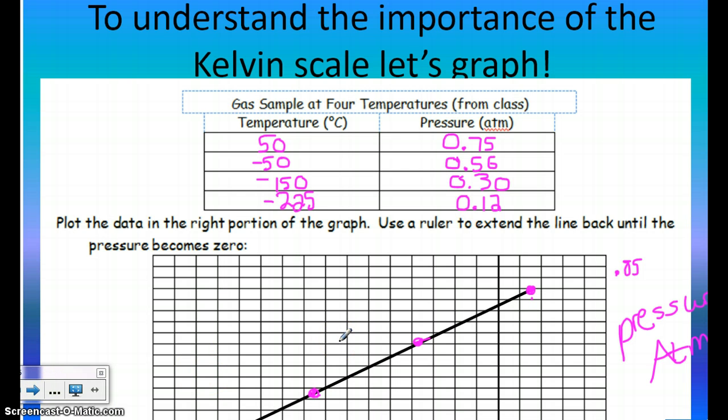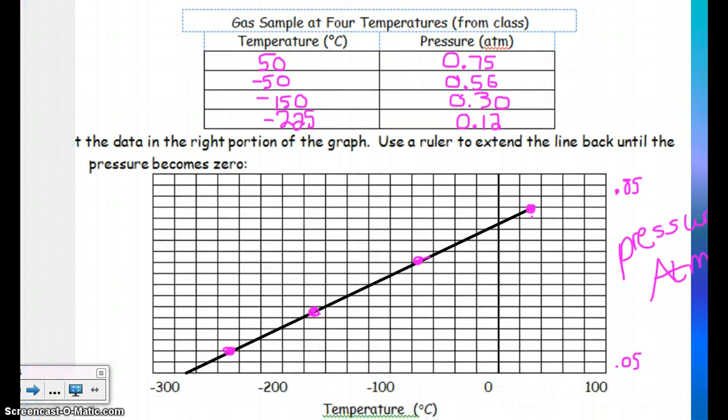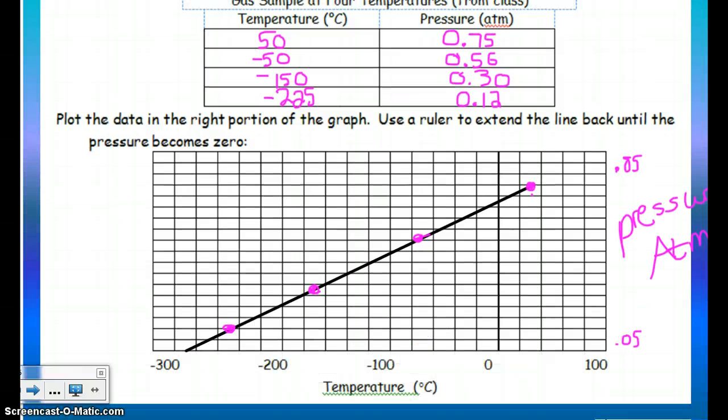Here we see a graph, and I want you guys to graph this on your own paper. So here are 4 different gas samples at 4 different temperatures and pressures. And then I want you to graph them on this graph down here.